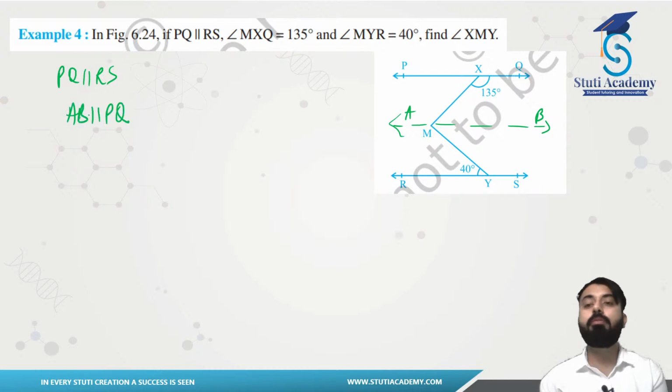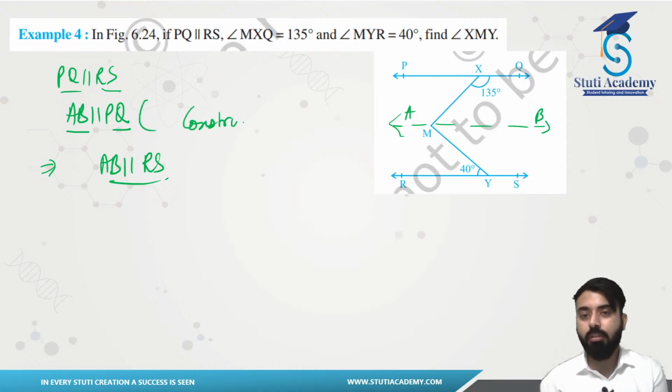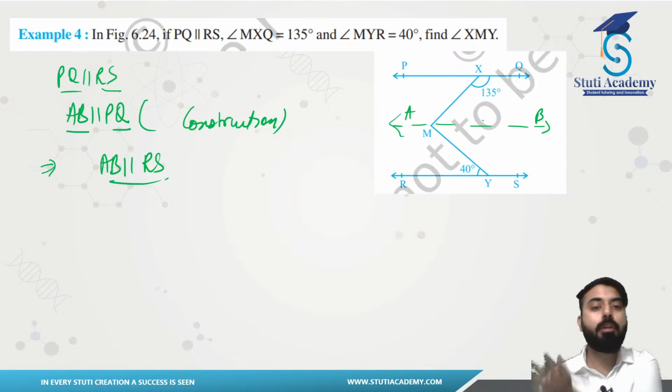Now I know if a pair of lines are parallel to one another, then ultimately they will be equal to one another. So if AB is parallel to PQ and PQ is parallel to RS, therefore I can say AB is parallel to RS also, right? So this will be our construction. For these kinds of sums, always try to have a parallel line.